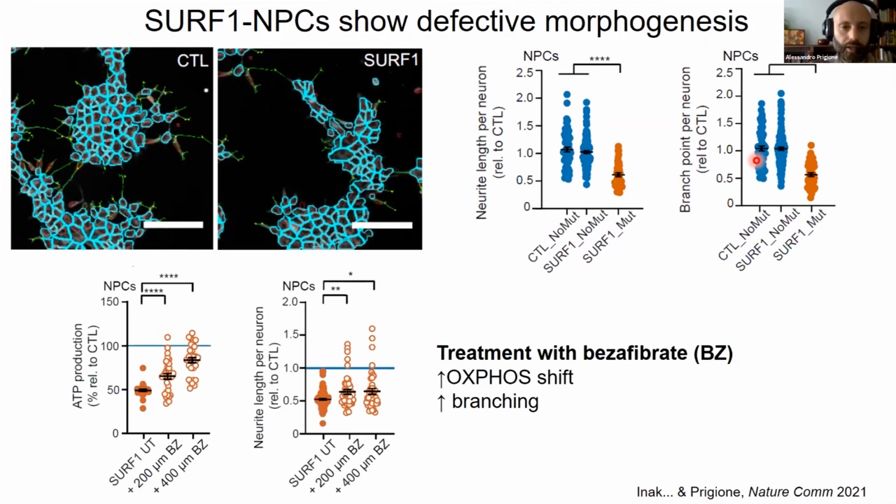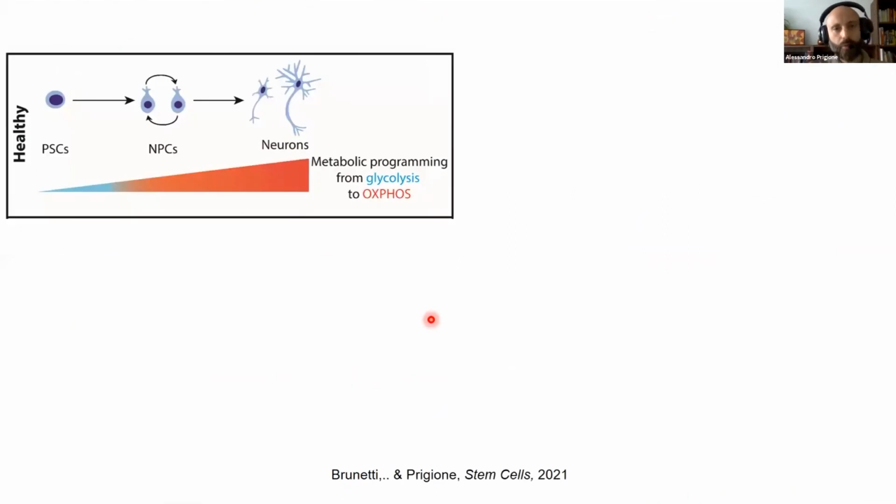And we observed that by using, for example, bezafibrate, which was increasing the ATP production of NPCs, we could observe an amelioration of this branching. So to summarize this part, we think that during the process of making neurons, NPCs should switch more to OXPHOS, so should become more dependent on mitochondrial metabolism.